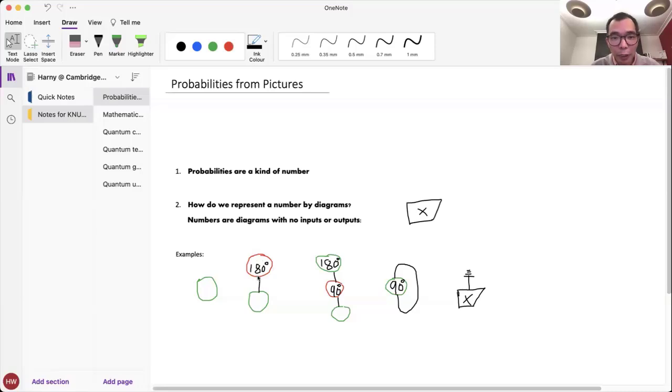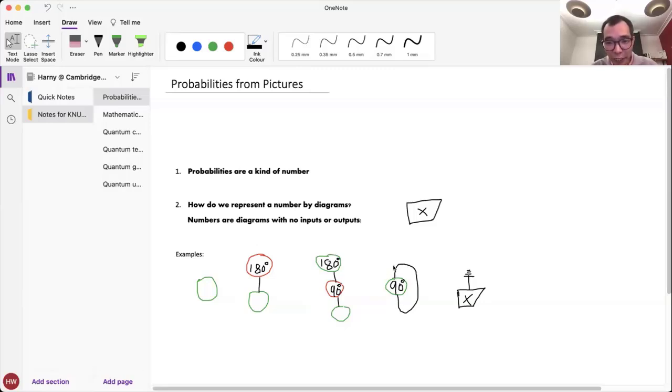They're connected, but still the whole diagram has no input, no output. Similar here, there are 3 phases. Although the middle part has input and output, the whole diagram has no input and no output. So it still represents a number.